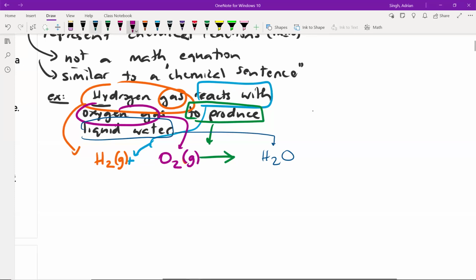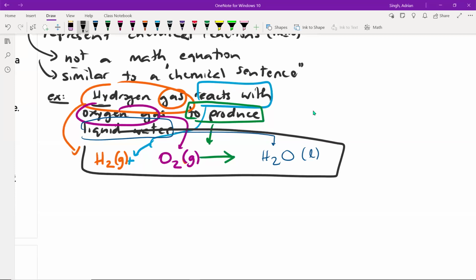And then water here is a liquid, so as you can imagine, I'm going to use an L in parentheses for liquid. All right, so that is the general way in which your chemical equations are going to look. And again, I haven't lost any of the information that I wrote in my normal sentence when I convert it into a chemical equation.